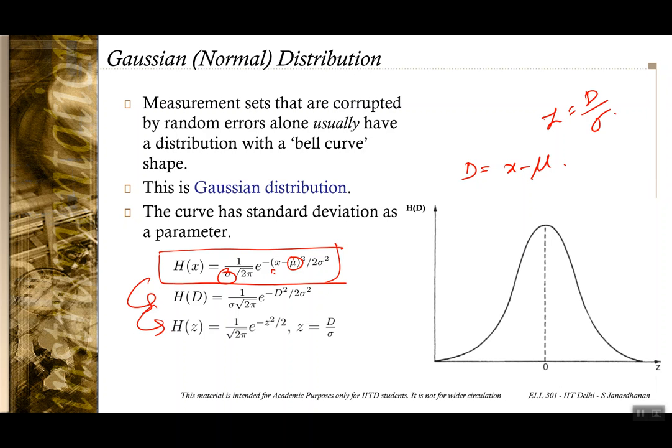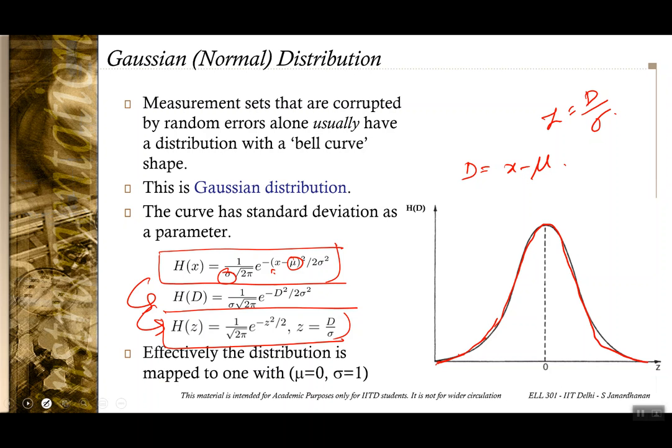Okay, so what we have done here is that we have got the curve for a Gaussian distribution whose mean is 0 and whose standard deviation is 1.